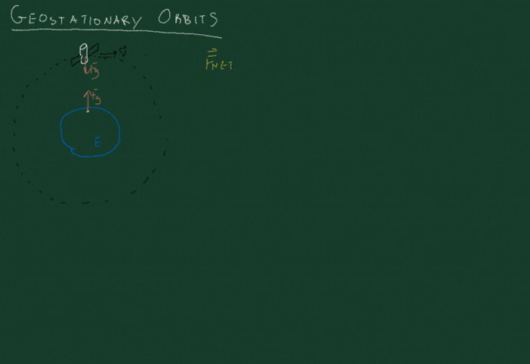We'll look at the satellite, and we know that the force is just the force of gravity, which is the mass of the satellite, times the mass of the Earth, times G, over r squared, where r is just the distance from the center of the Earth to the satellite in the orbit.